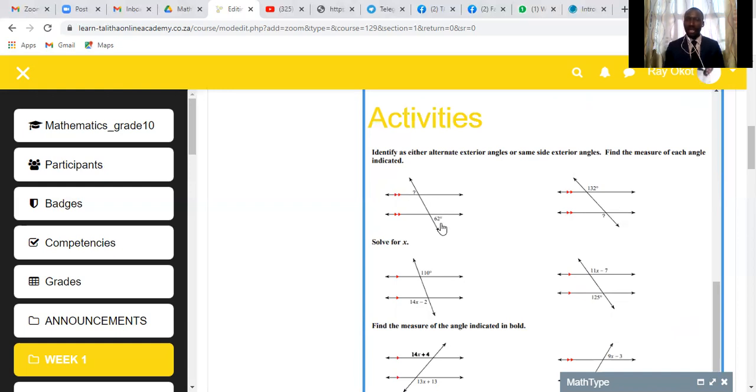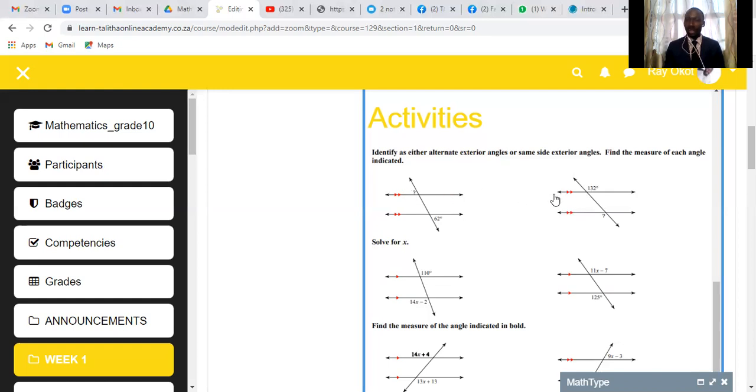This lower angle is 62 degrees. These are parallel lines, this line here and the other line, and this one is known as the transversal line. This angle of 62 degrees and this other angle are known as alternate exterior angles. And these angles are also the same. That is for the first activity, part 1.